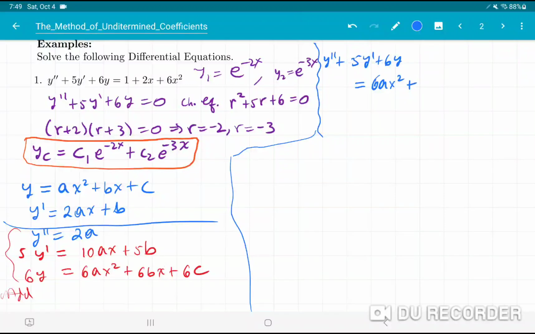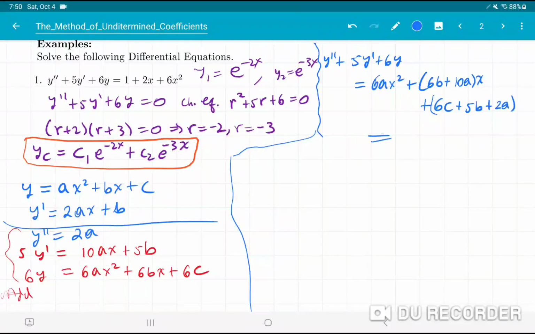And for the x term, these two are the only x terms that we get, so that will give us (6b plus 10a) x. And the constant terms look like this: 6c plus 5b plus 2a.